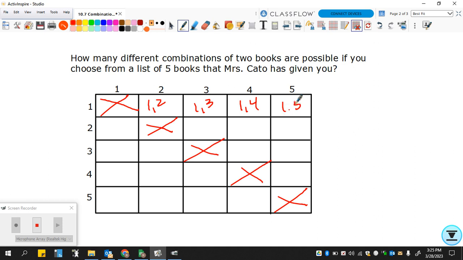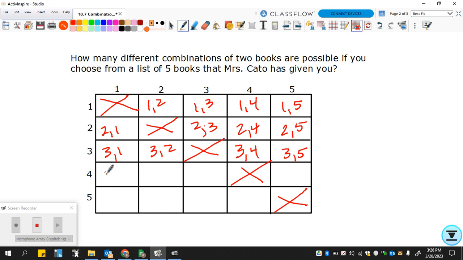All right, and 2 and 1, 2 and 3, 2 and 4, 2 and 5, 3 and 1, 3 and 2, 3 and 4, and 3 and 5. 4, 1.